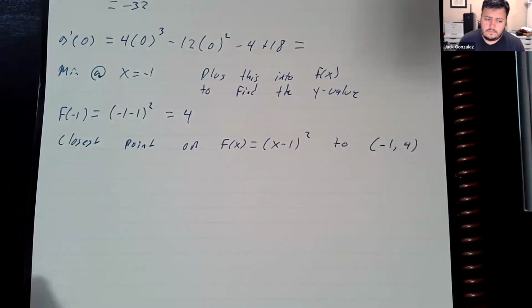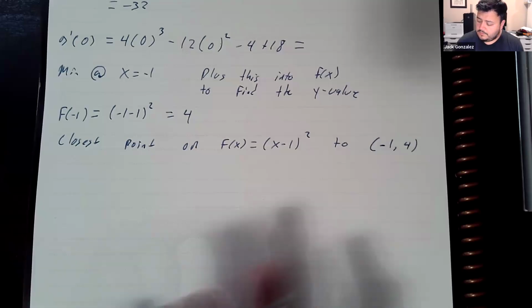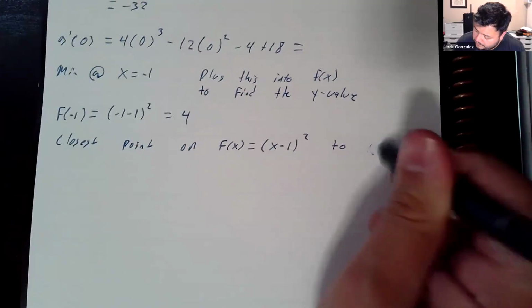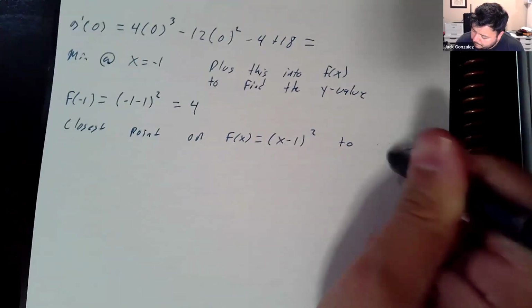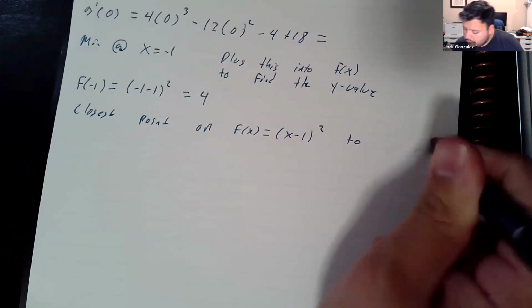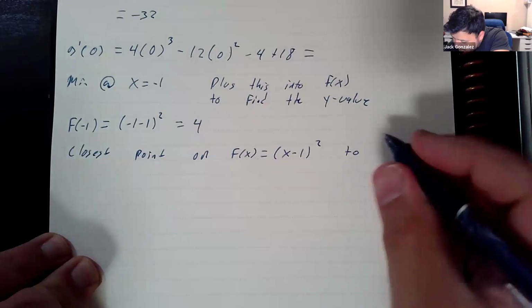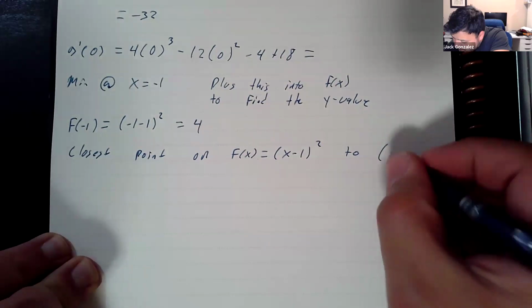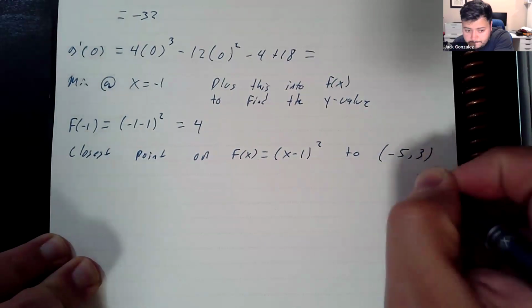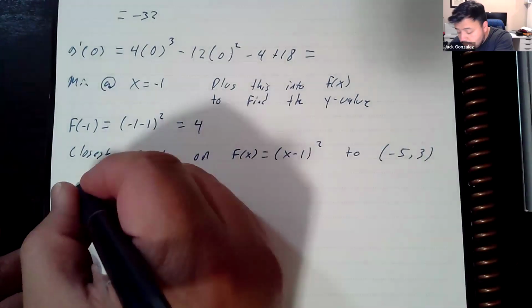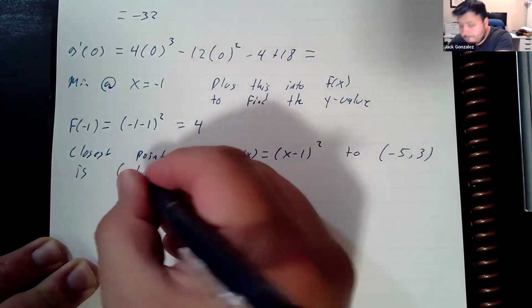Sorry. This point is closest to the point in question. Closest point on f to -5, 3, here it is: -1 comma 4.